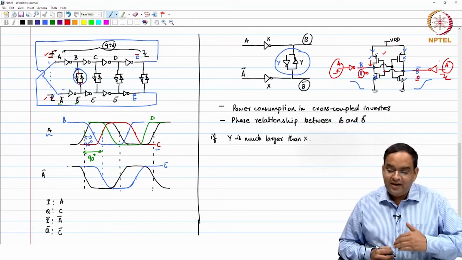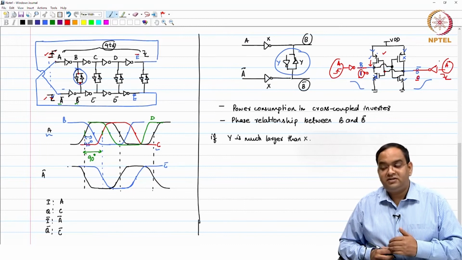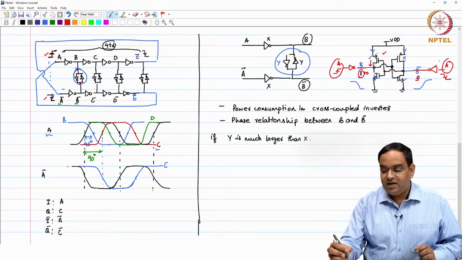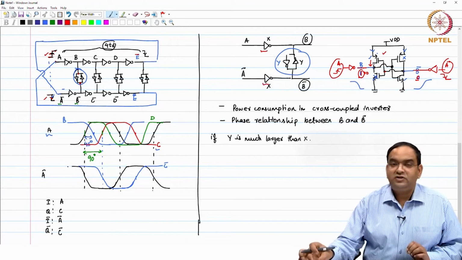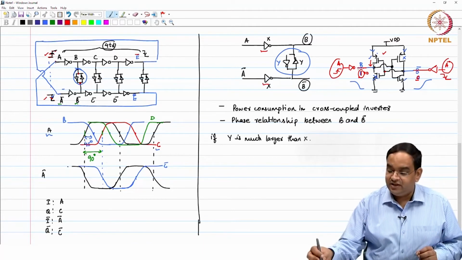So, if you make your cross coupled inverter size much larger than your main inverters for the ring oscillator, then these cross coupled inverters will oppose the changes.